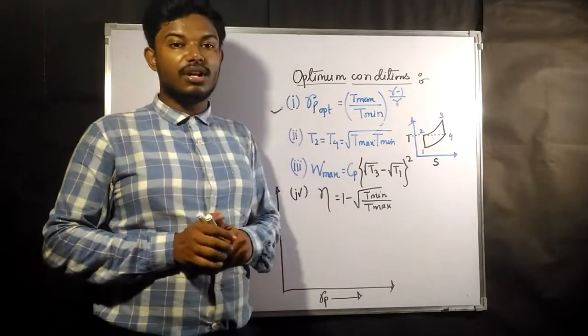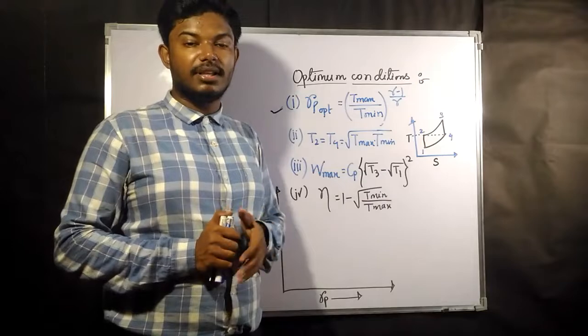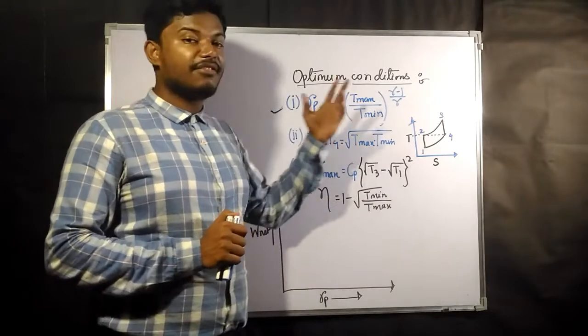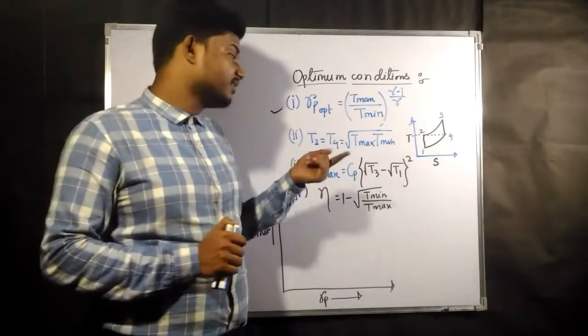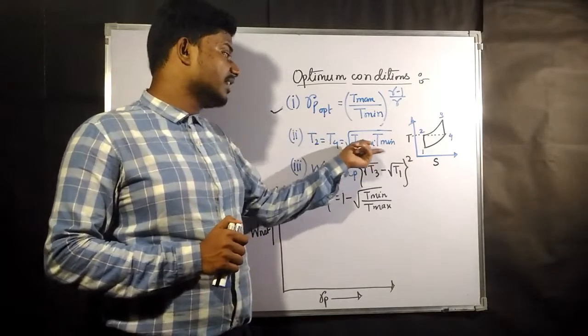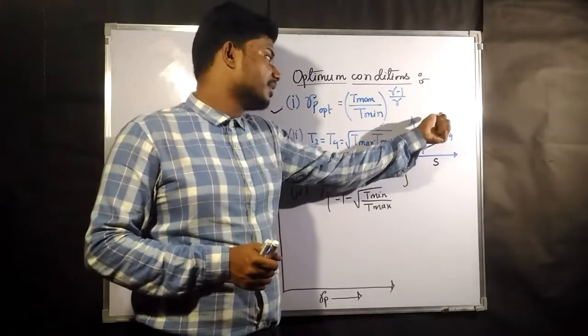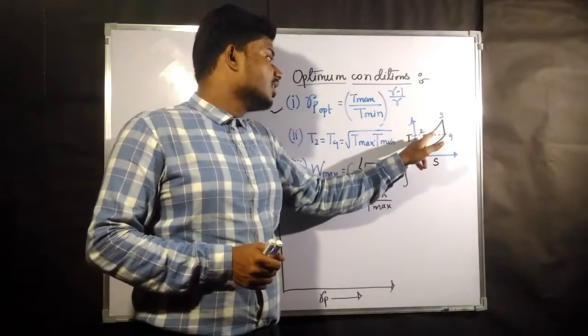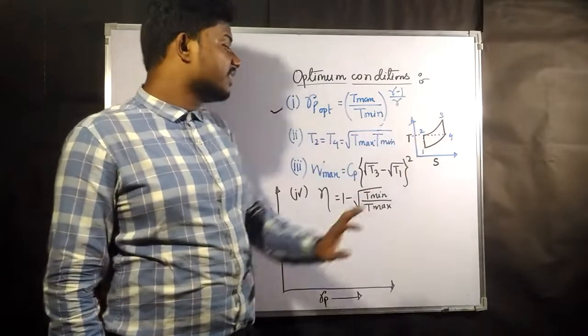Second thing we have found out is T2 is equal to T4 is equal to root over Tmax times Tmin. That means the temperature after expansion and temperature after compression must have the same value, and that value must be the geometric mean of maximum and minimum temperature. That means T2 and T4 should be the geometric mean of T3 and T1.